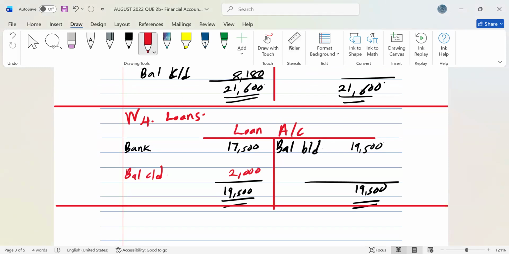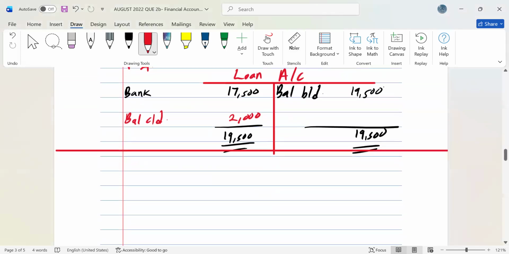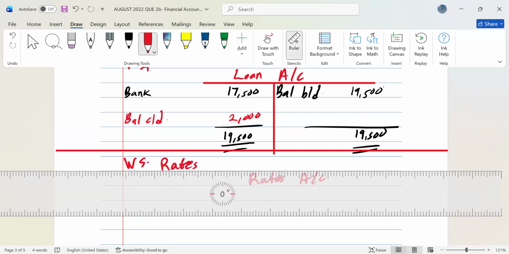Working 5, we can do the one for rates. We are talking about rates. So we are going to have a rates account.